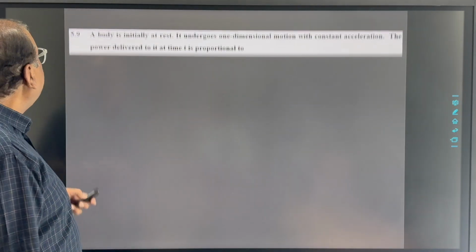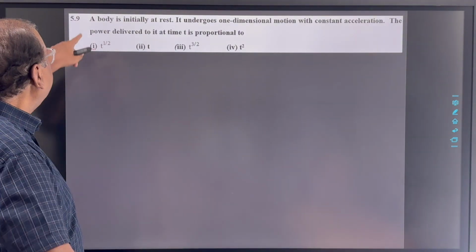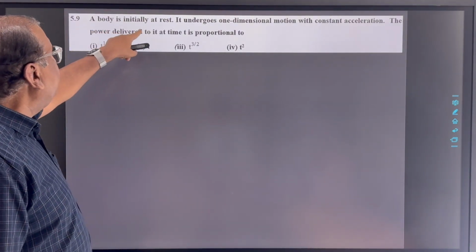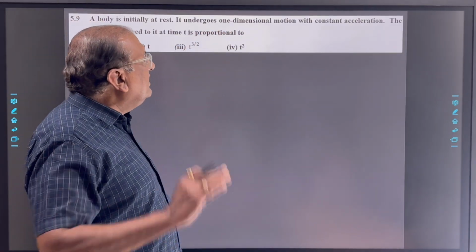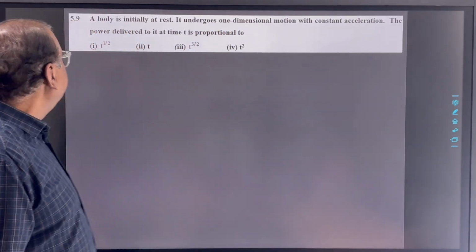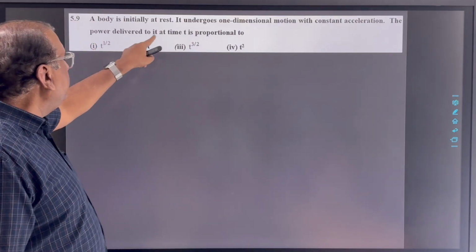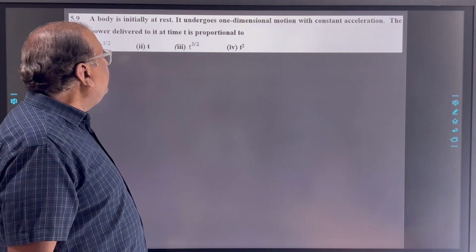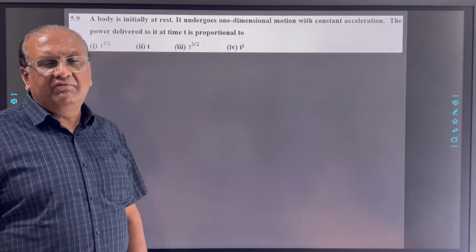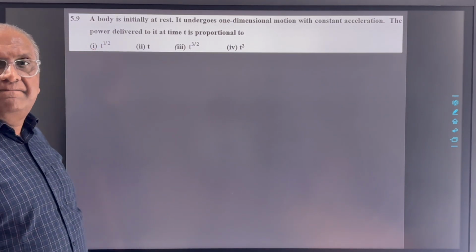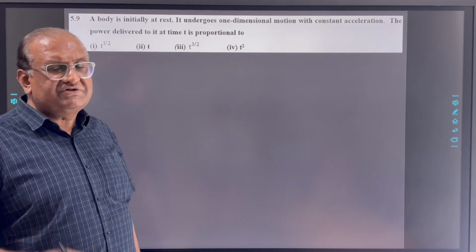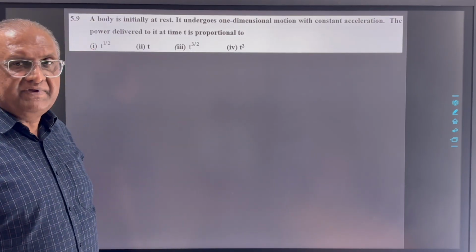Now exercise 5.9. A body is initially at rest. It undergoes one-dimensional motion with constant acceleration. The power delivered to it at time t is proportional to what? So we have one equation for the power, that is power equals force into velocity, right?